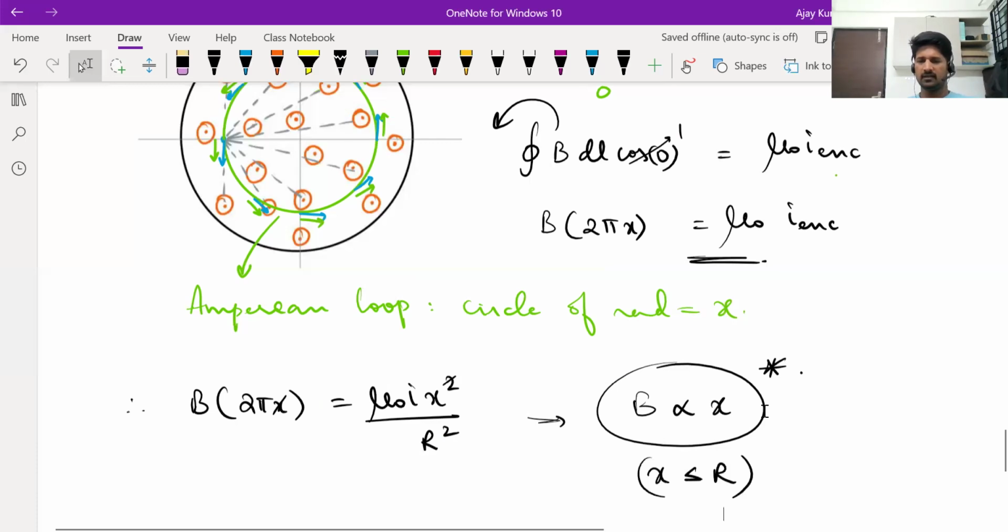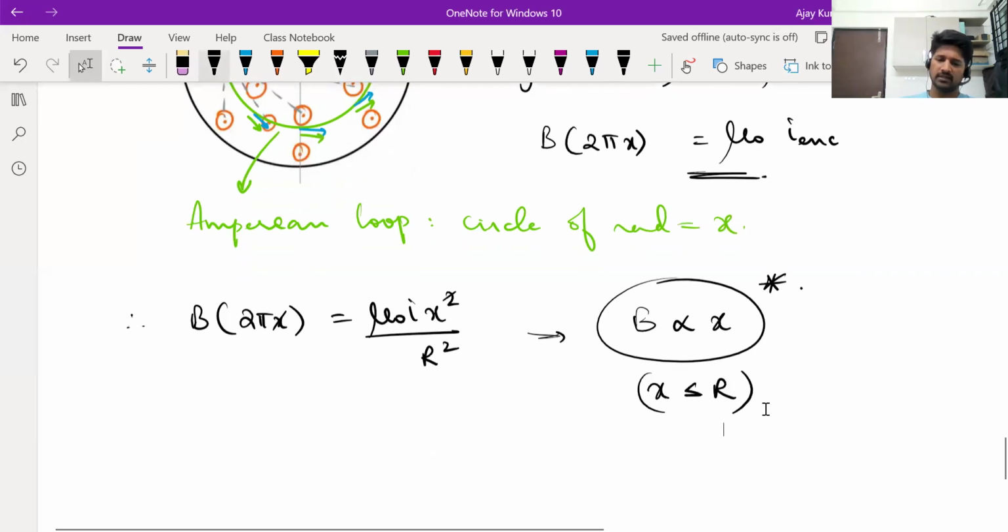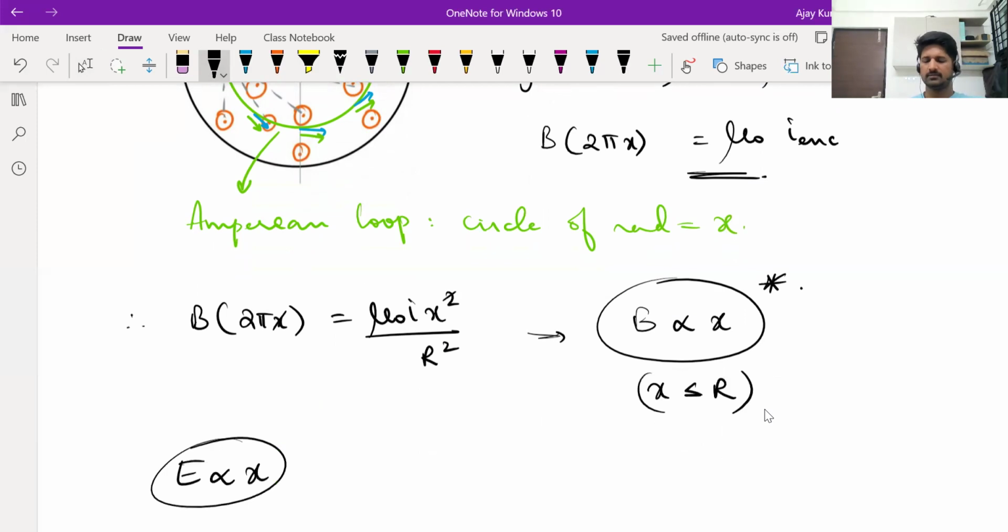Can one of you quickly recollect and tell me what kind of charge distribution produces an electric field which is proportional to distance? In electrostatics, where did we get electric field proportional to x? You can even think in terms of gravitation. Where was the gravitational field proportional to distance from the center? Like in the center of the sphere, sir. What kind of sphere? Hollow, solid? Solid sphere.